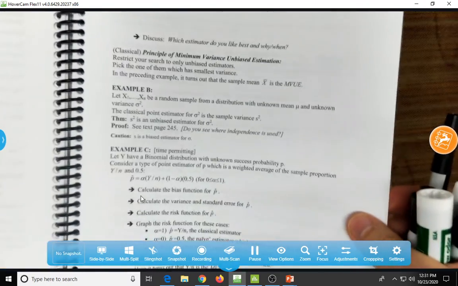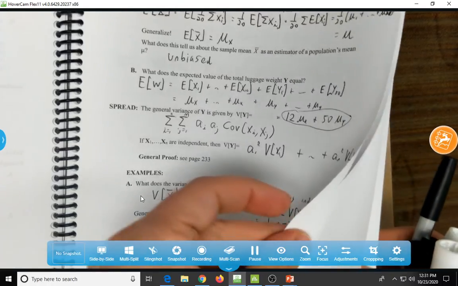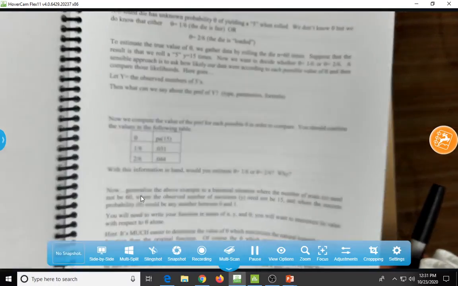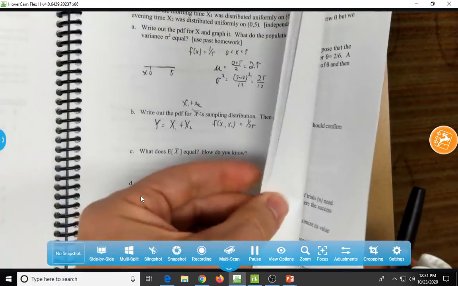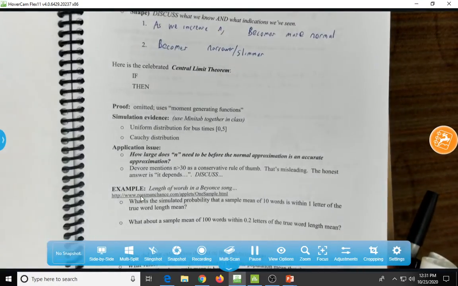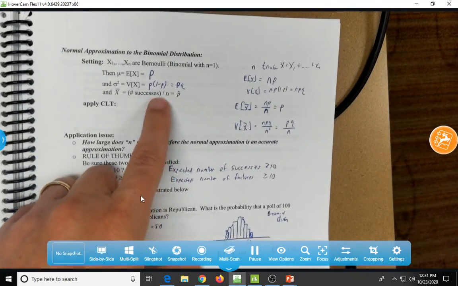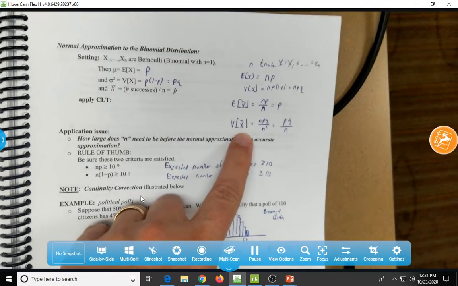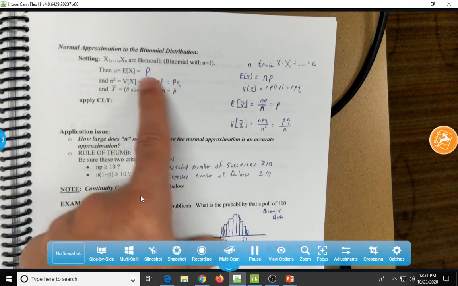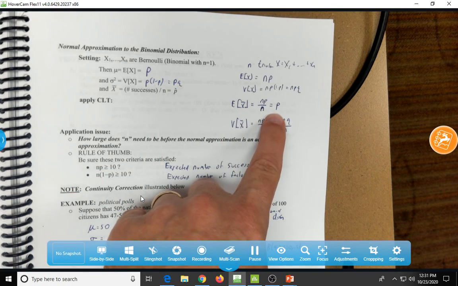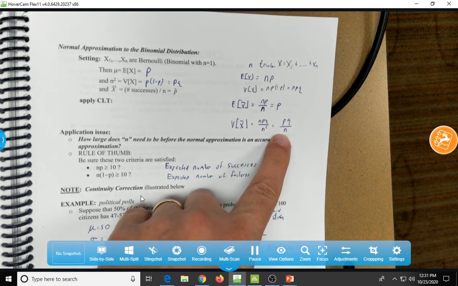So if you take a look at what we did on page 67, there we were looking at the Bernoulli binomial distribution, and we got the expected value and the variance based on thinking of the proportions as quantitative data.